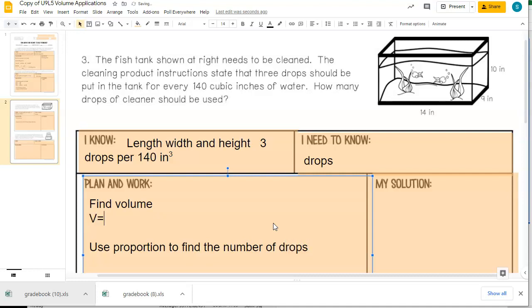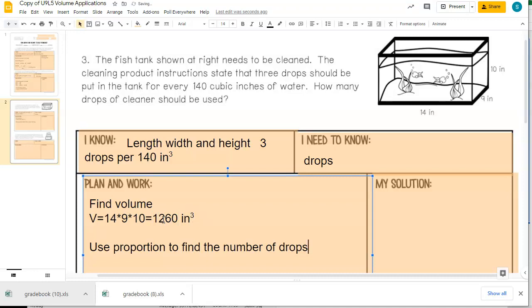Alright, so our volume is 14 times 9 times 10. Right? And that is 1,260 inches cubed, or cubic inches.